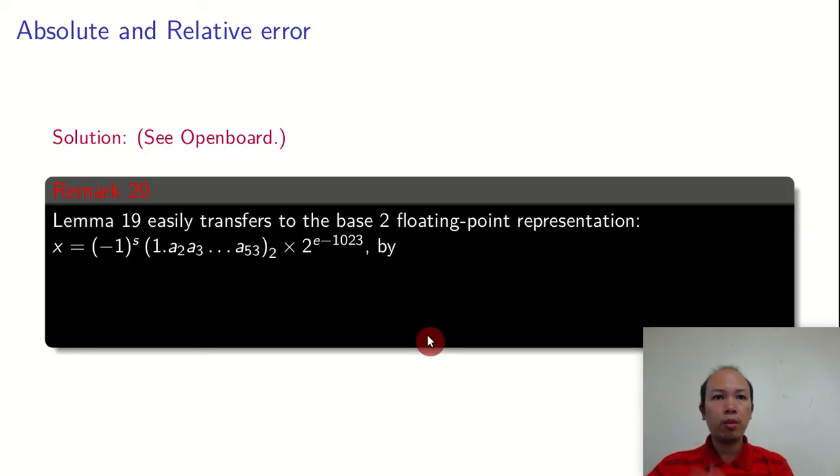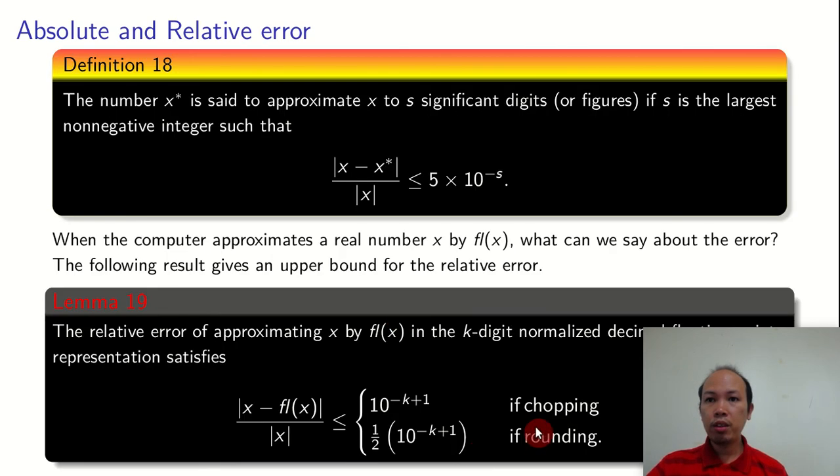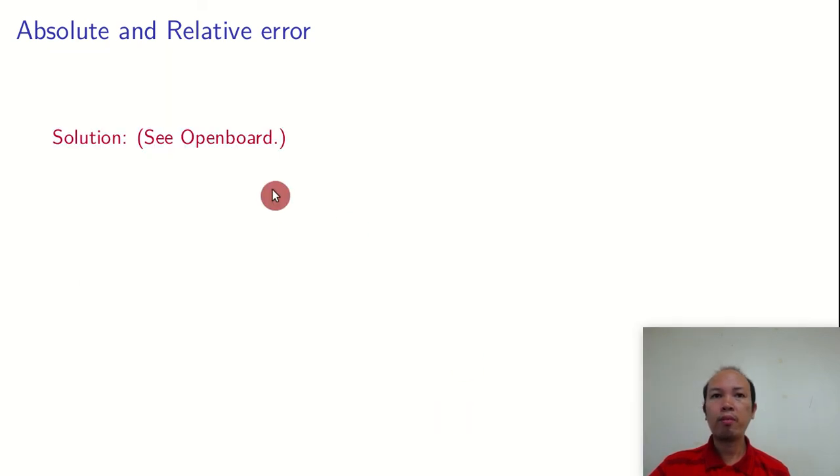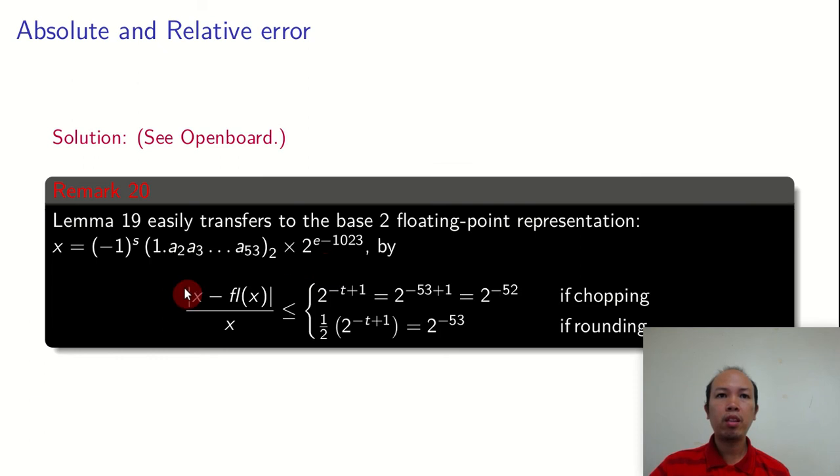Okay, so for remark 20, for rounding, don't forget that this will be your problem set. I will put that in the it paso. For remark 20, Lemma 19 easily transfers to base 2 floating point representation. This is the IEEE 64-bit floating point representation of x.